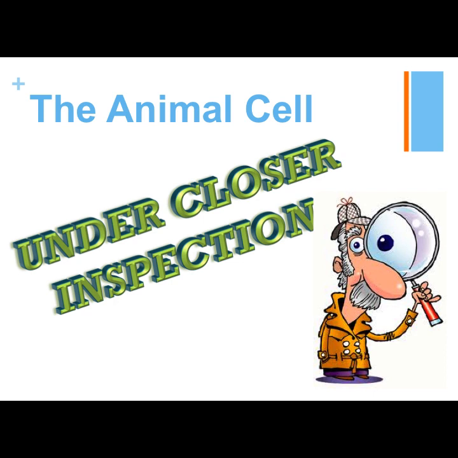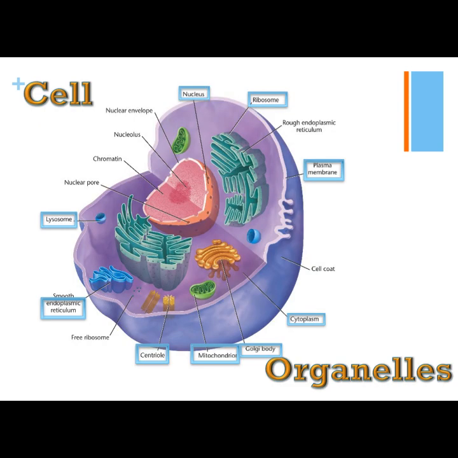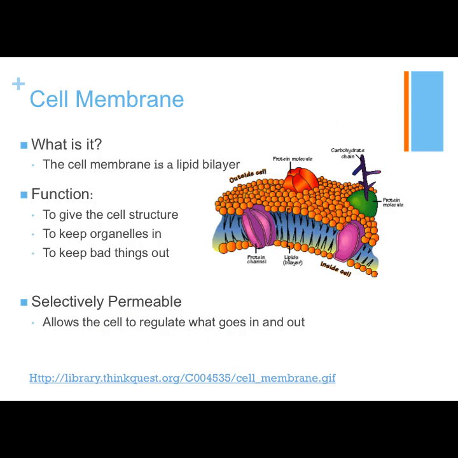So we're going to take a closer look now at the animal cells. This is a blown up picture of an animal cell and all its different organelles. The ones in blue are the ones we're going to look at a little bit more closely. So first we have the cell membrane.